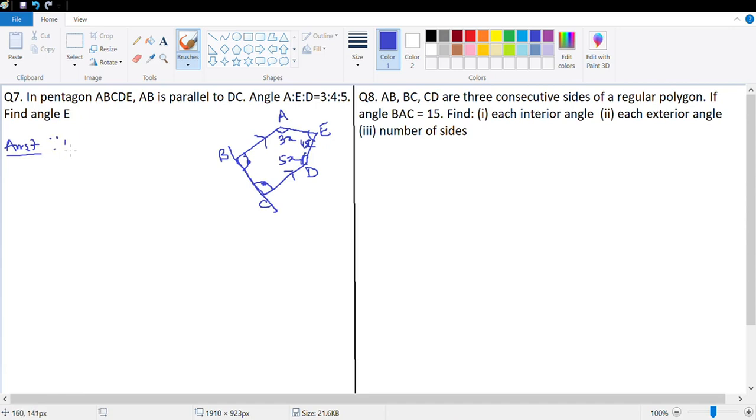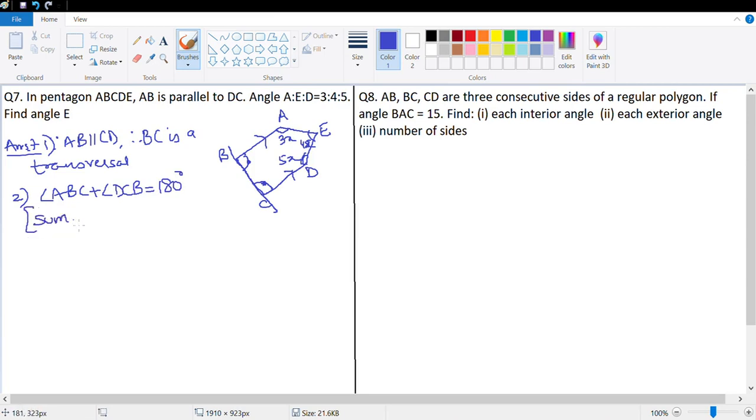Since AB parallel to CD, therefore BC is a transversal, which means, so this is my point number 1, which means angle ABC plus angle DCB is equal to 180 degree. This is sum of co-interior angles.